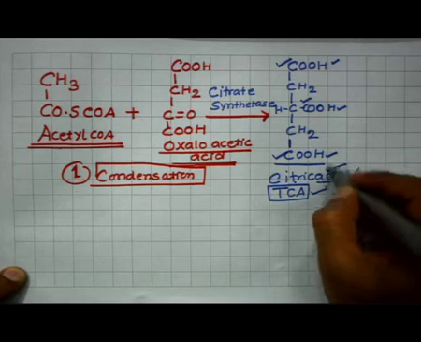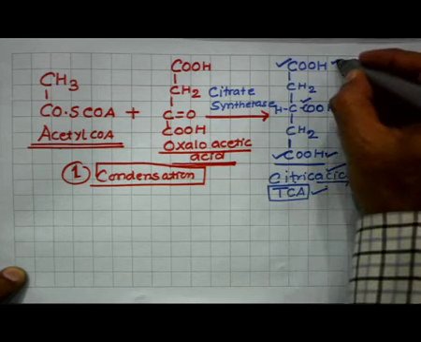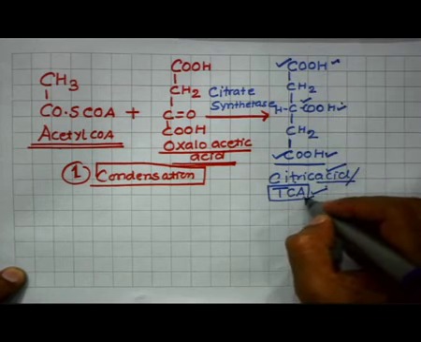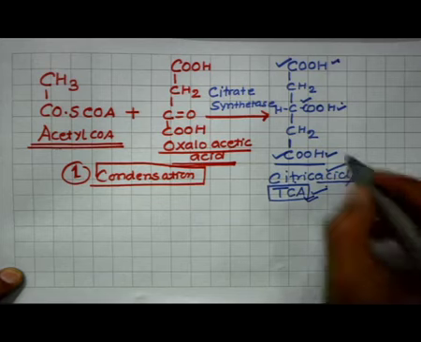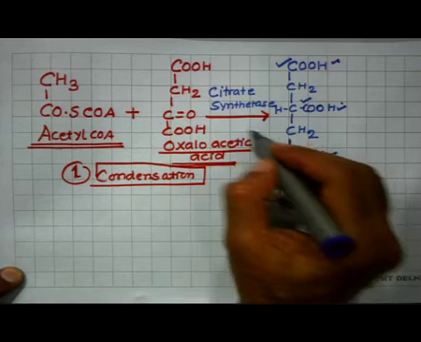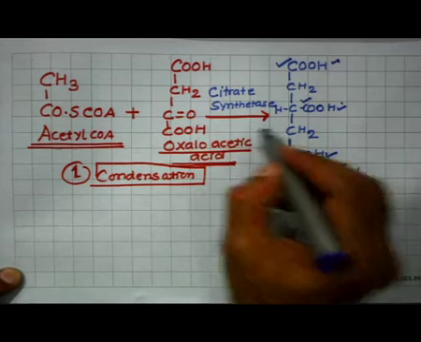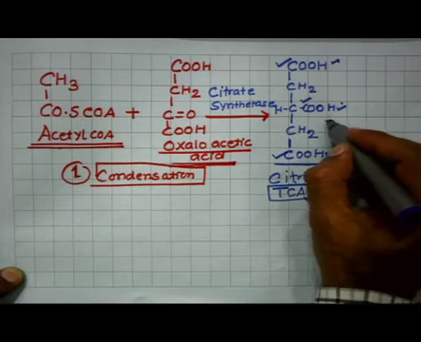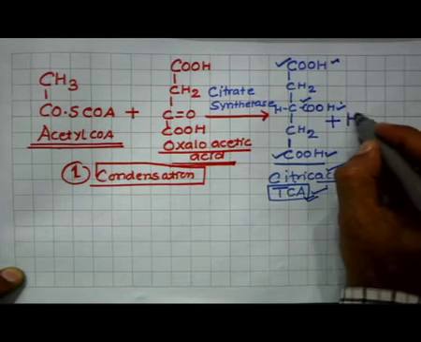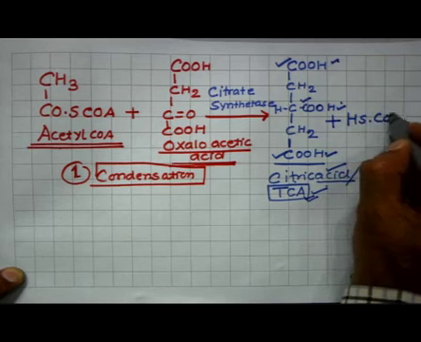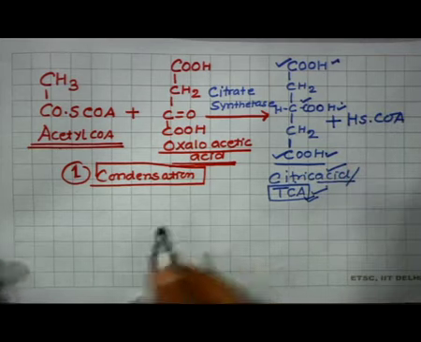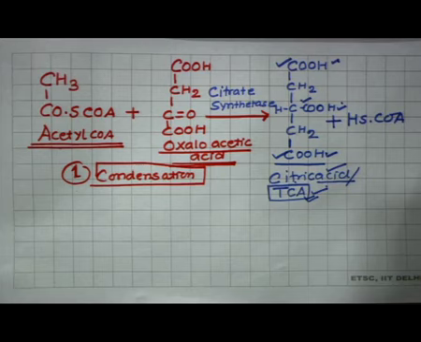This citric acid contains 3 carboxylic groups. So, this cycle is called the TCA cycle. Now, this oxaloacetic acid is combined with coenzyme HSCoA. Now, the next reaction is isomerization.